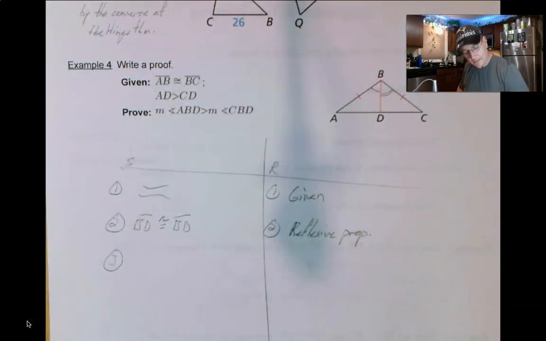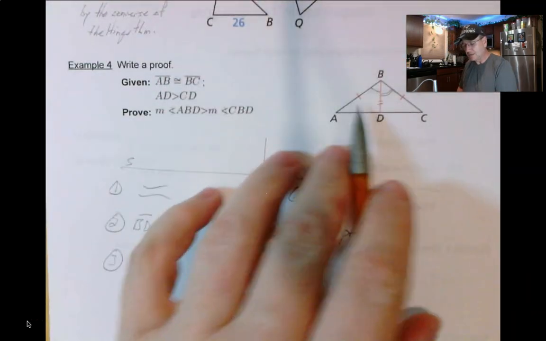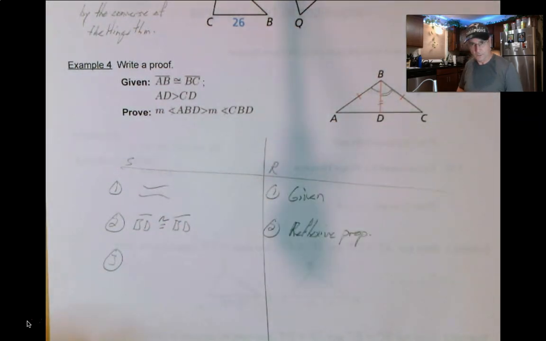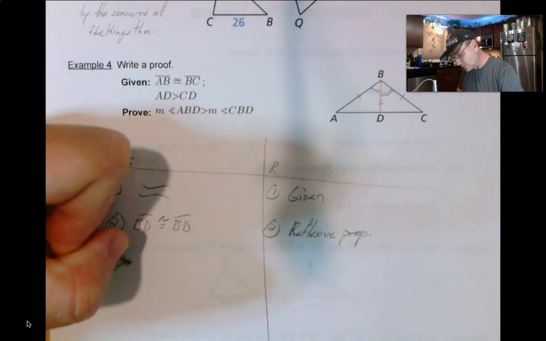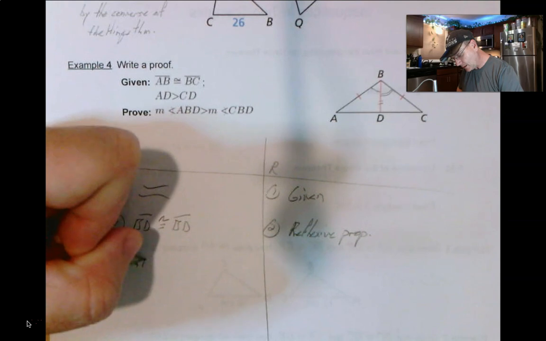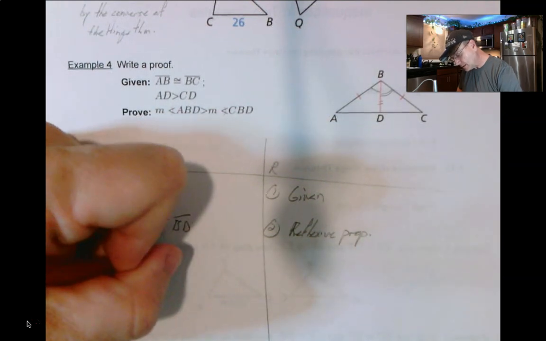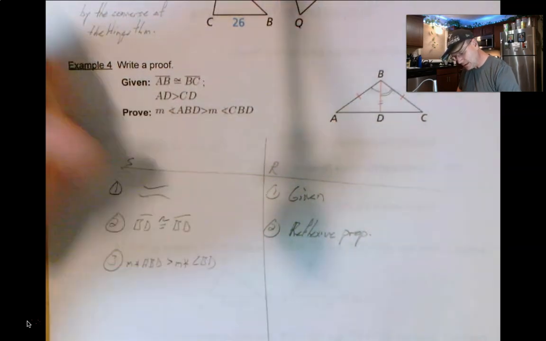Statement 3, now that we've got the side angle side situation, and we know that the third sides are one's bigger than the other, then we can conclude the measure of angle ABD is greater than the measure of angle CBD.